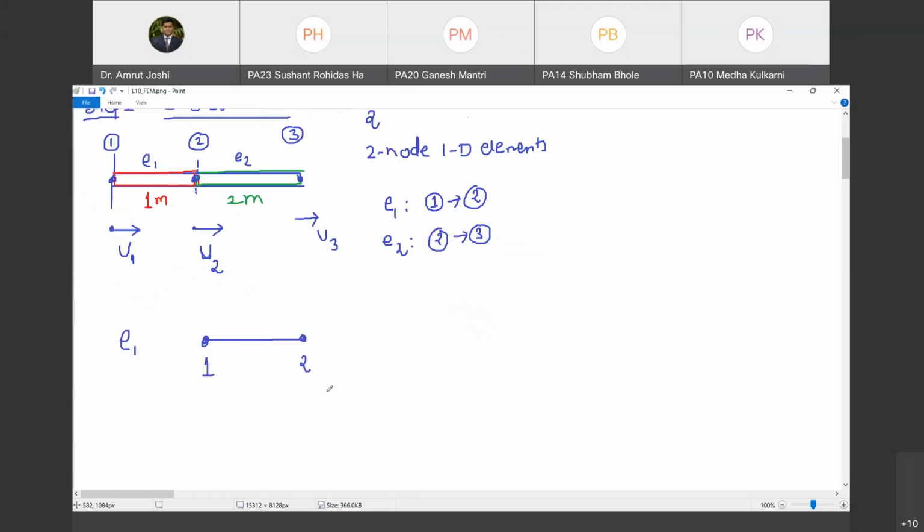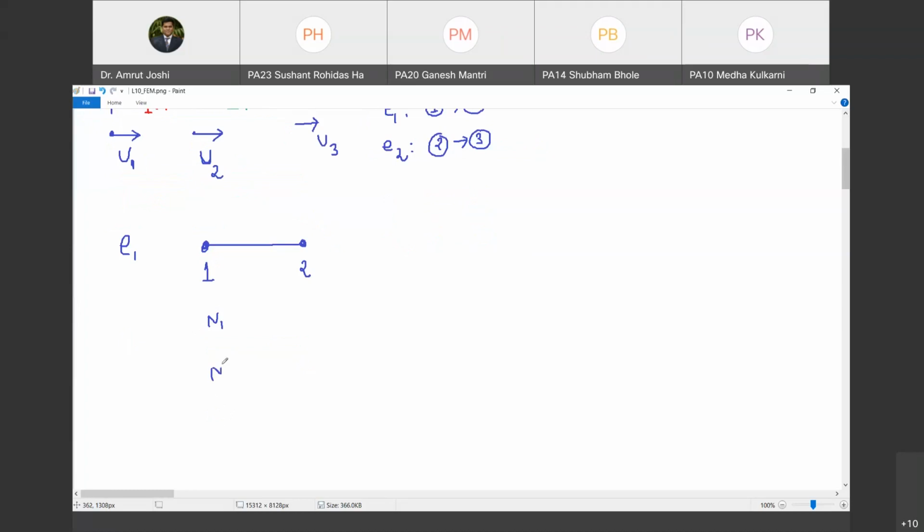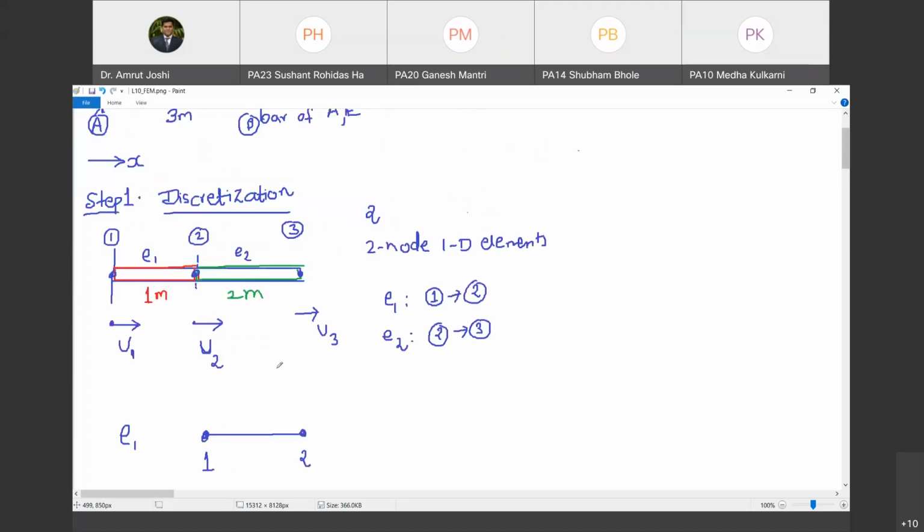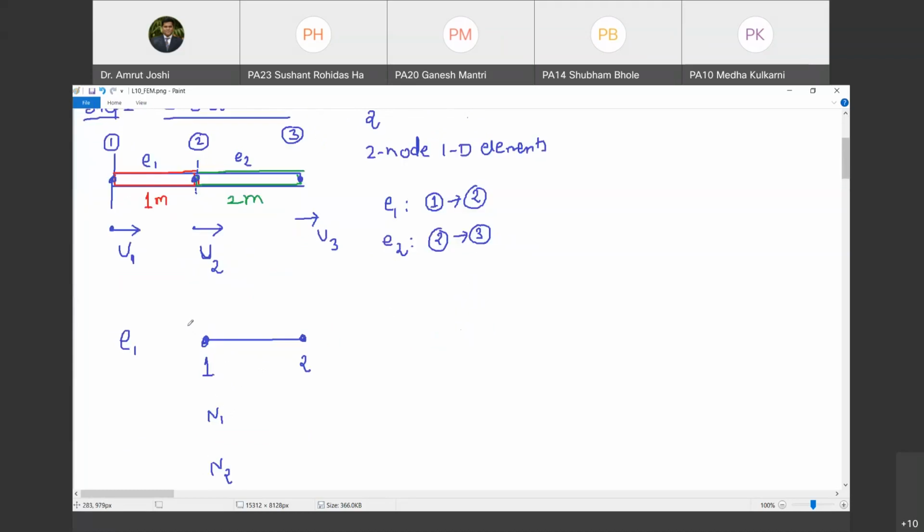Do you agree with me? Yes, sir. So there is going to be a shape function associated with node number 1, and there is going to be a shape function associated with node number 2. Do you agree with me? Yes, sir.